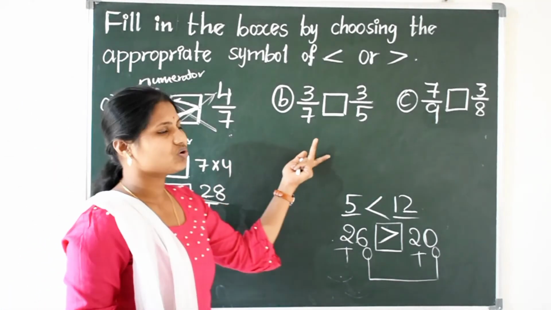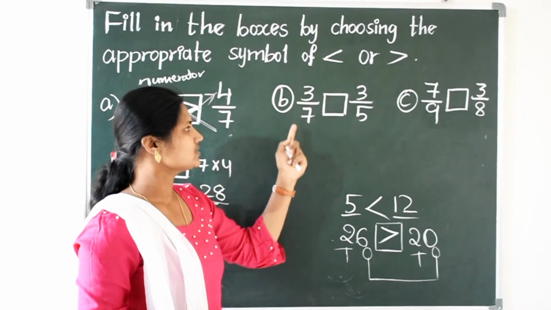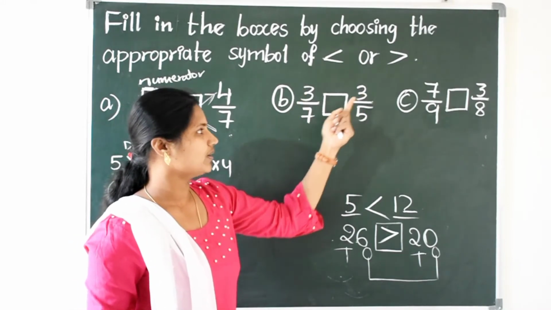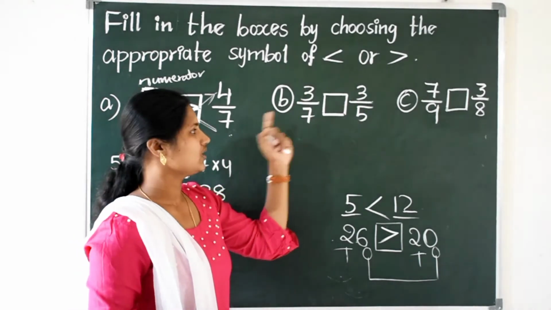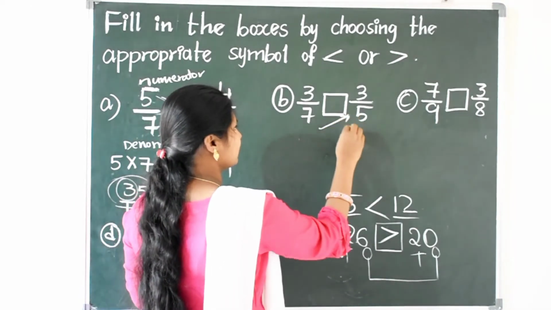Now come to this big question. 3 by 7 and 3 by 5. Here also do cross multiplication.